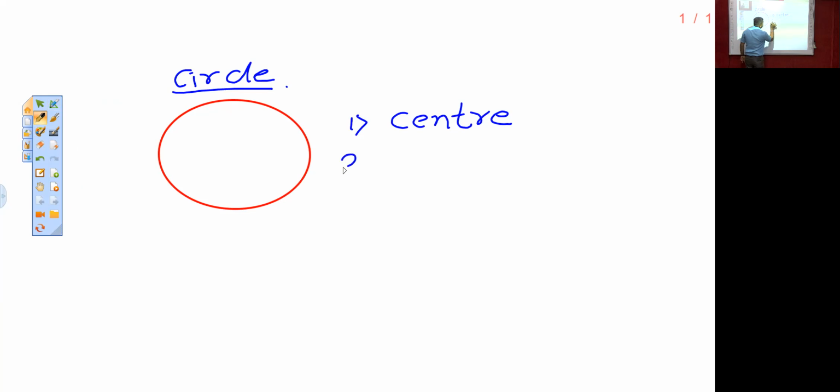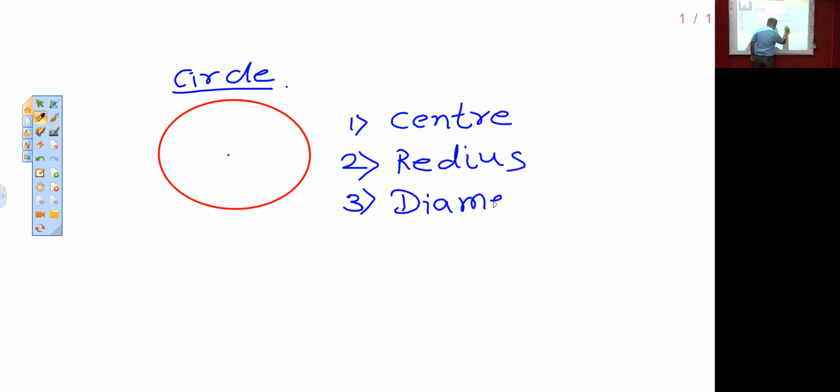Next, there are many components in a circle. Center, after that radius, third one diameter, fourth one chord. These four particular concepts we learned in a previous class.